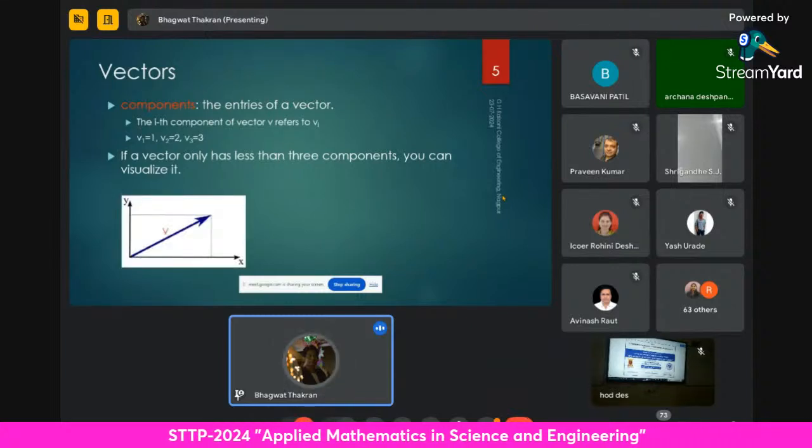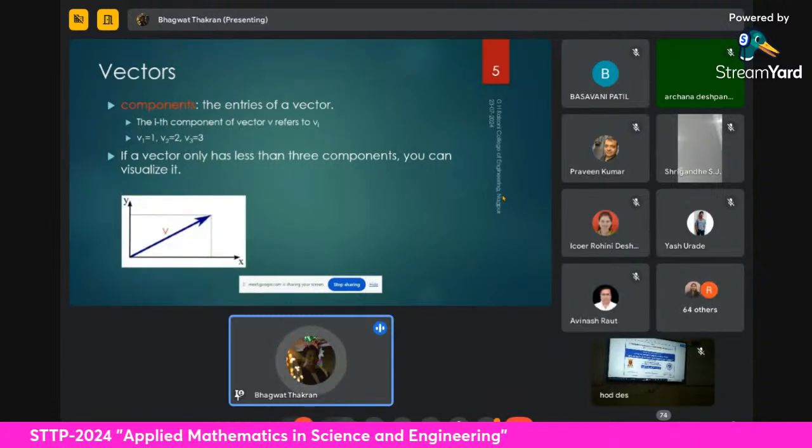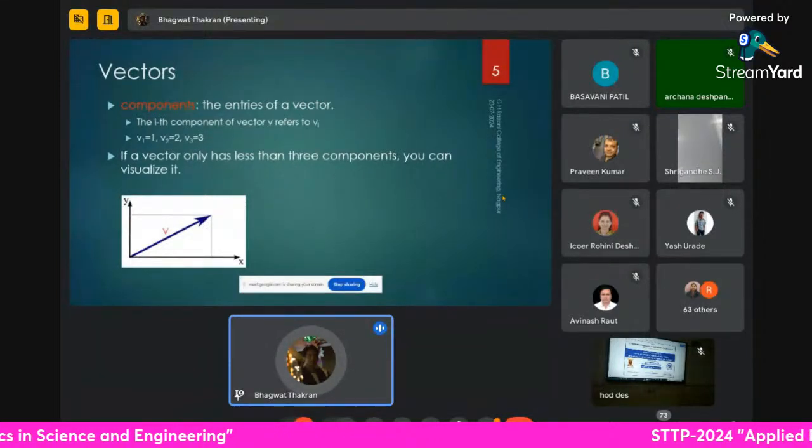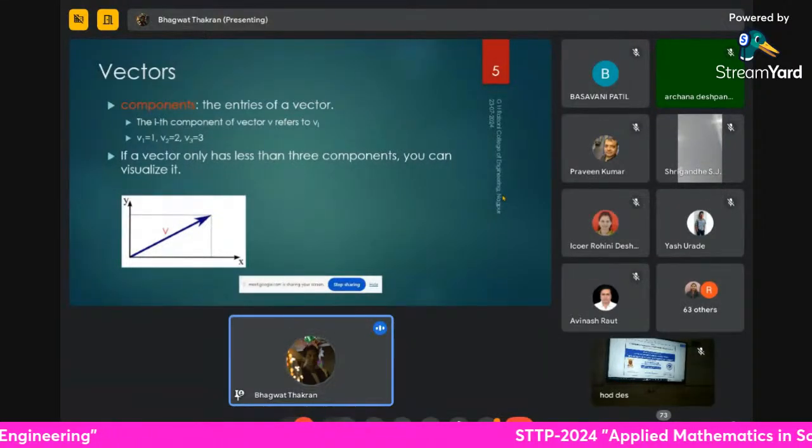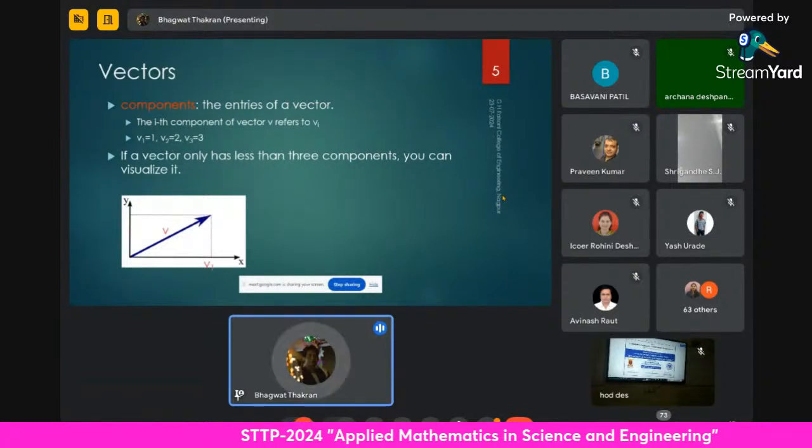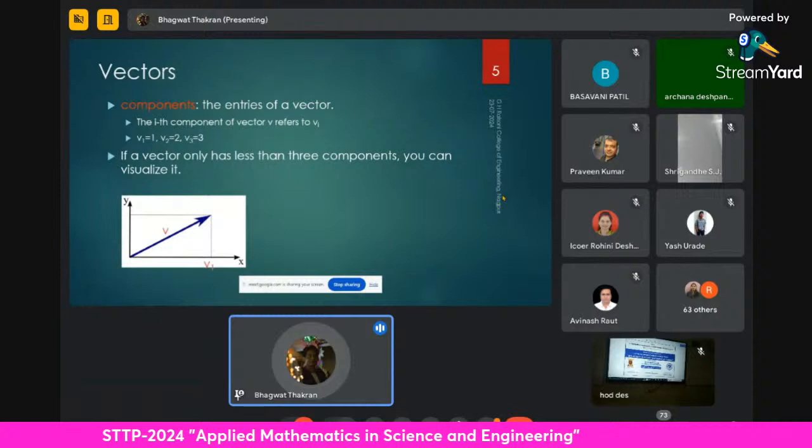If I consider it two-dimensional, and let us suppose V is defined as a vector, then its components are taken on the x-axis and y-axis, with v1 component and v2 component.